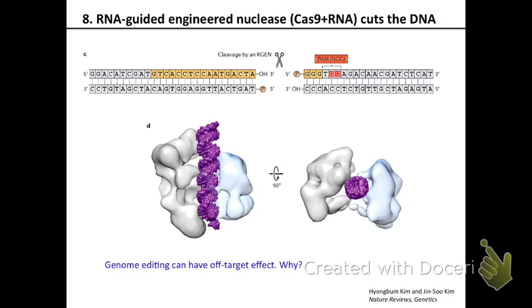What's binding and recognizing the sequence? Protein, right? The protein domains are binding and recognizing the sequence in TALENs and ZFNs. What's binding and recognizing the sequence in CRISPR? RNA. So that's a huge difference in how the recognition occurs, right?